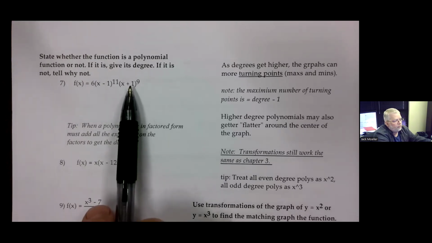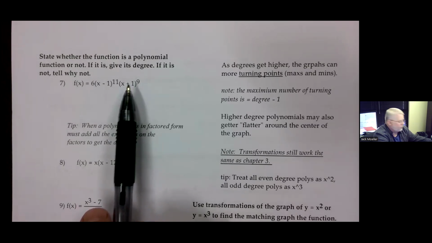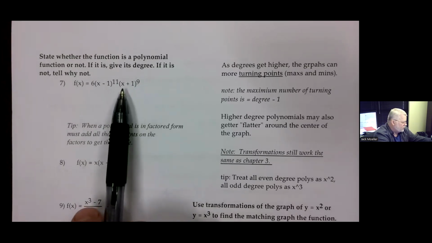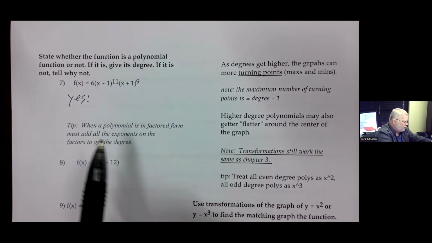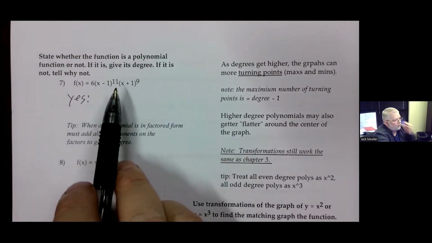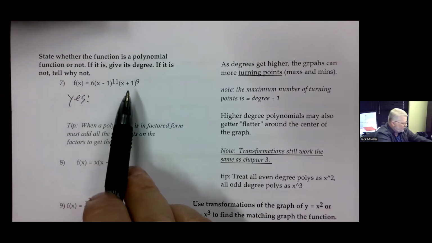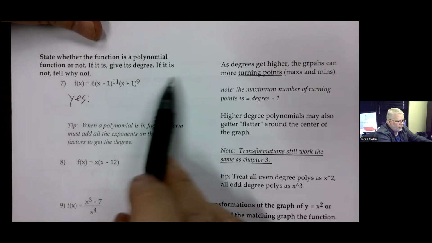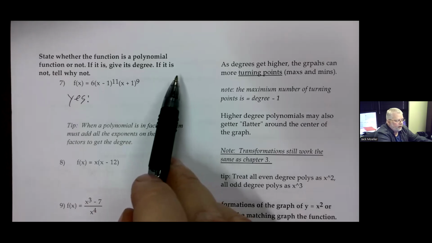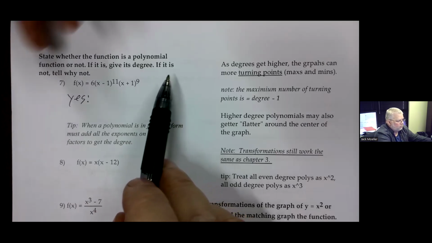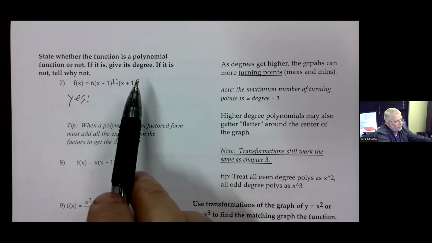Whether or not this is a polynomial, the same thing still applies: we can't have negative exponents, fractional exponents, or absolute value. So this is still a polynomial, because we're not doing anything weird with that. If you think about FOILing this out, you'd have x minus 1 11 times, you'd have x plus 1 9 times. If you FOIL all that out, you're going to get a big messy polynomial, but still a polynomial.